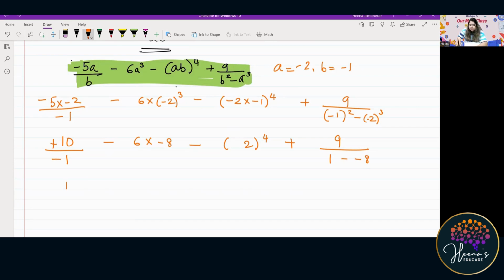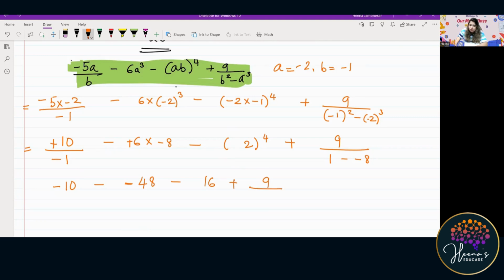10 divided by 1 gives you 10. Plus and minus, minus. Minus 6 8s gives you 48. Now again, plus and minus gives you minus. Now 2 into 2 into 2 into 2. 2 into 2, 4. 4 into 2, 8. 8 into 2, 16.